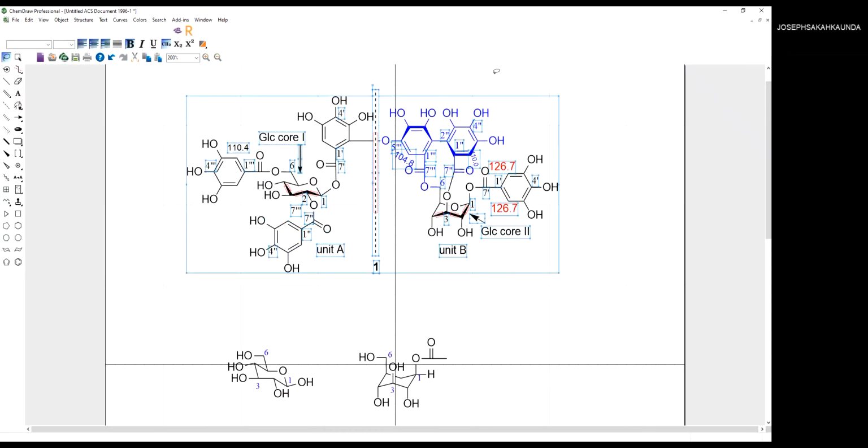You have to do what you call mass. You find the mass, high resolution. It indicated that indeed our structure was a mass of this and this combined.